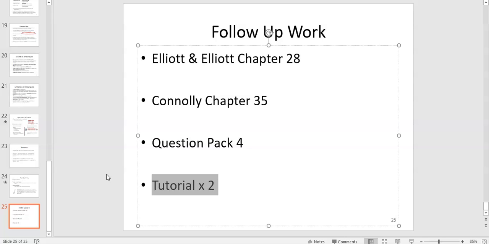Then for week 8 and week 9, keep an eye out for the tutorials and try to practice them now in exam conditions, without reliance on the notes, to see how you get on. The solutions and the recordings for those will be posted towards the middle of each of the weeks. All right, so that finishes off this section on financial statement analysis.